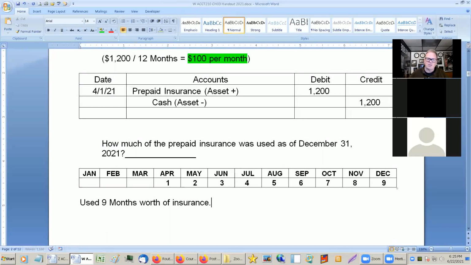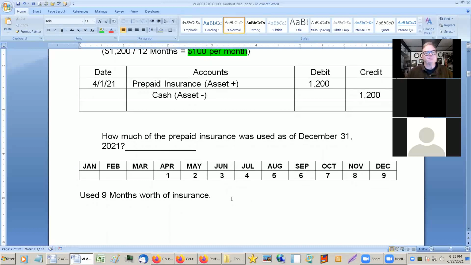Okay, so the question is, how much are we going to expense? Oh, 9 months at $100 a month. Oh, there's no L in months, just in case. Times $100. Oops, it's not 100.